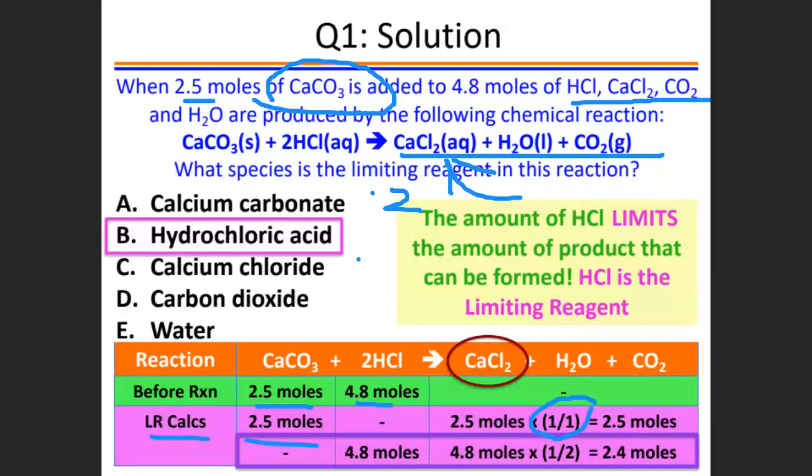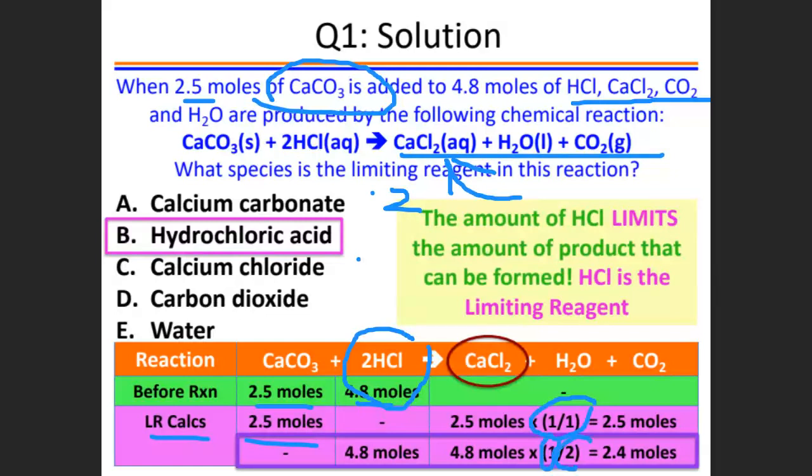Correct? The calculation is easy. But if you see the ratios are not the same, maybe we will ask you for a particular product to make your job easier. And if we don't ask, maybe you have to do the 1:1 ratio, and that will be lengthy. For the HCl, we can also do the limit calculation: 4.8 mole HCl, and if we compare to the HCl, all the products are 1 mole and HCl is 2.